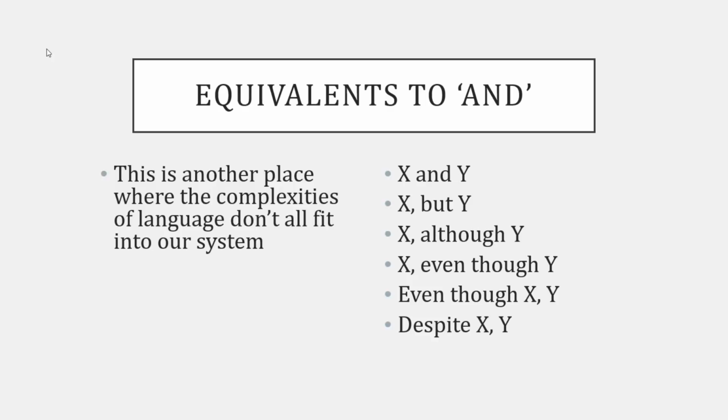Okay. So you can feel that there's a big difference in terms of the human level meaning of those sentences, but in our system, all that gets chopped out. And and but for our purposes mean the same thing. They just mean conjunction, X conjunction Y.